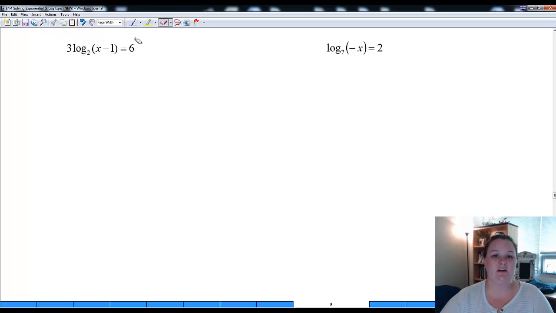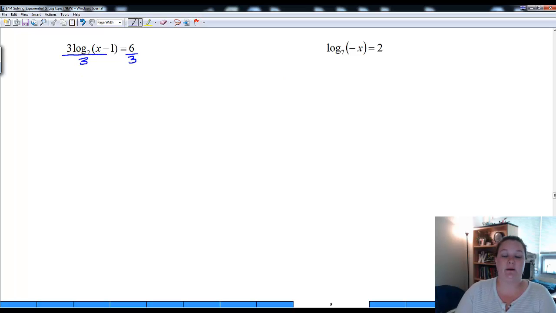So instead of moving it into the exponent, I'm actually going to just divide it off. I'm going to divide both sides by 3. So I have log base 2 of x minus 1 is equal to 2. And now this is something that I can hopefully change forms.